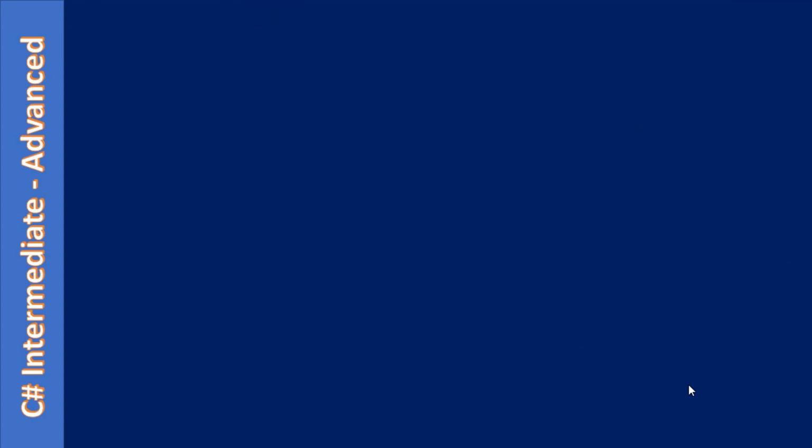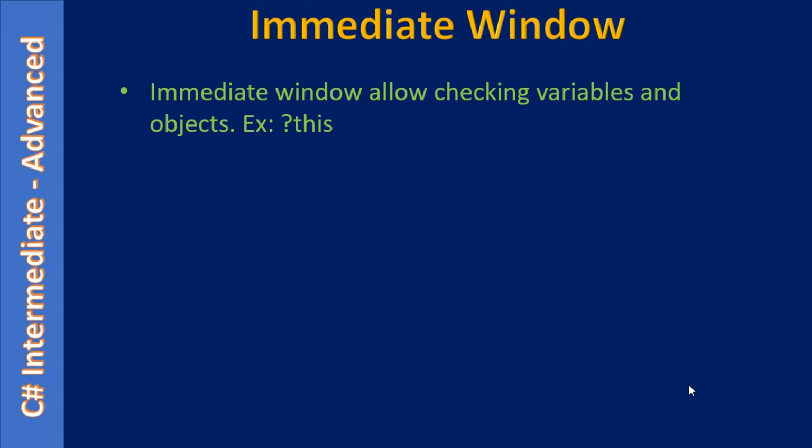Now we will learn about the immediate window. The immediate window allows checking variables and objects. Here in this example you are seeing question mark this, so that's how you have to enter a value in the immediate window. Then it will display the content of this object.